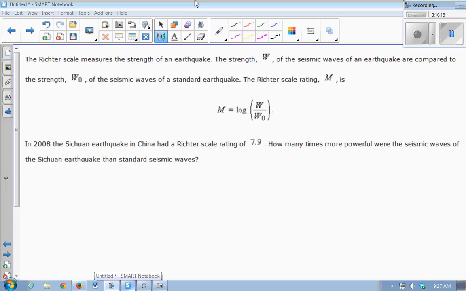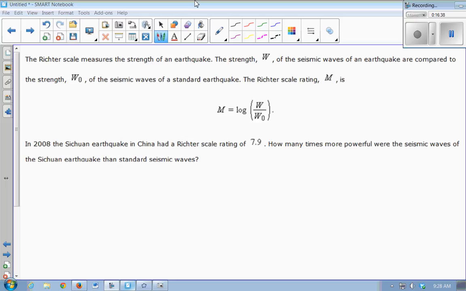Okay, we'll go over this one and then I'll give you your quiz. So the Richter scale measures the strength of an earthquake, and the strength of the seismic waves of an earthquake are compared to the strength W sub 0, which is the seismic waves of a standard earthquake. They're not telling you what that value is.